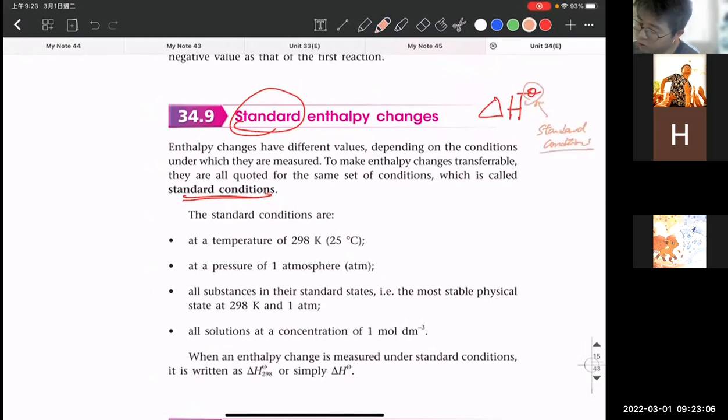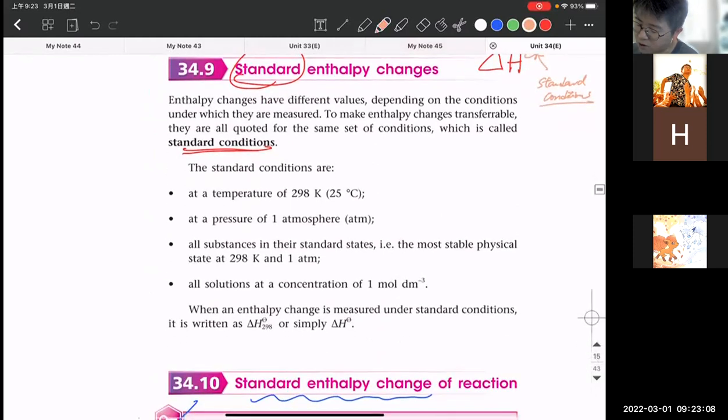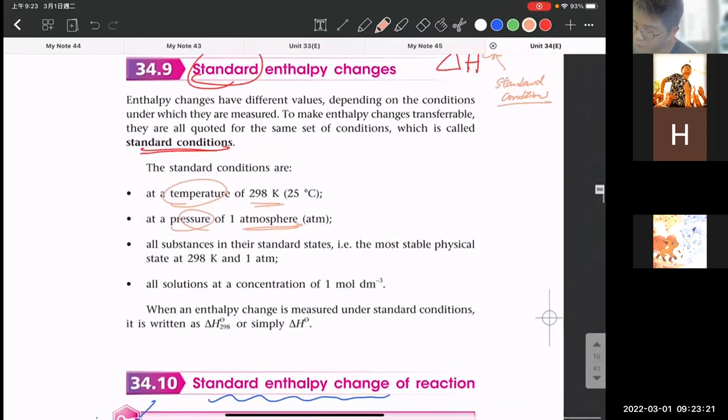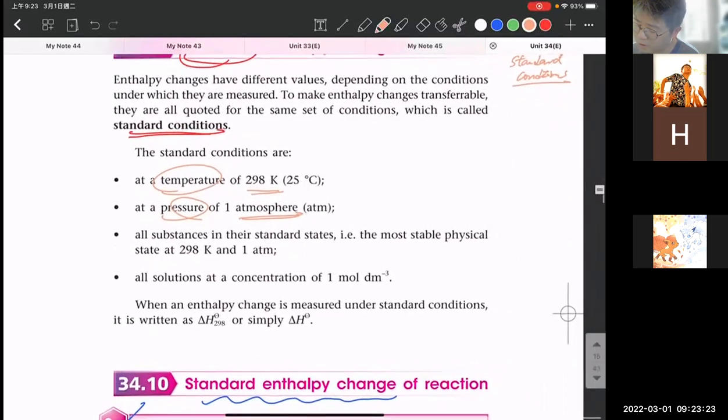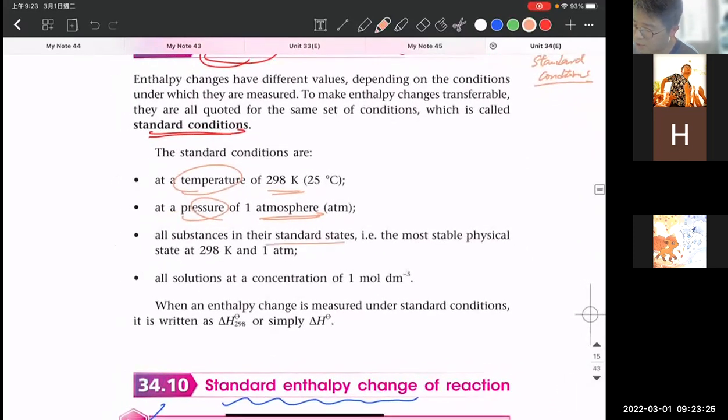So let's take a look at what is meant by standard conditions. First of all, the temperature being 298 Kelvin, which is 25 degrees, and a pressure at 1 atm, atmospheric pressure. If you want to talk about the substances, it is the standard state, which means the most stable physical state at 298 Kelvin and 1 atm.